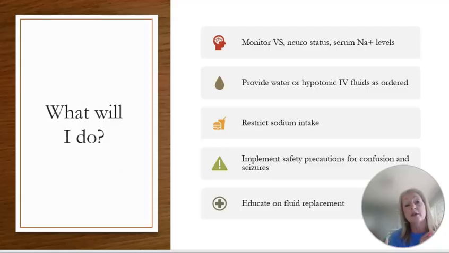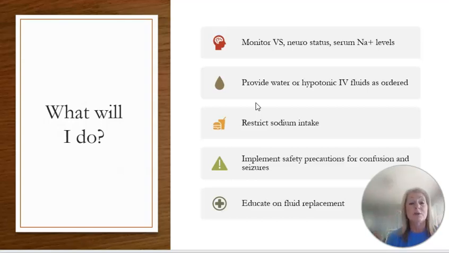So we're going to restrict that sodium so that water doesn't pull out of our cells, because we call that cellular dehydration, and our cells get really wrinkly and yucky. So we're going to give them what we call hypotonic. If you think of that O in hypotonic, we're going to blow the cells back up.